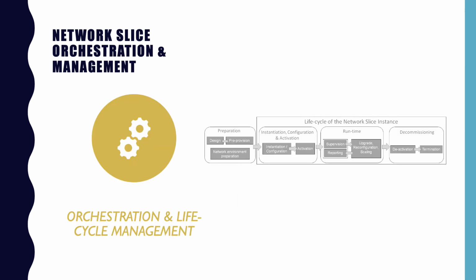Orchestration and life cycle management. Service management takes place in the service provider's domain, while the management of network slices is performed in the network operator's domain. Such a partition requires a business-to-business interface, the SLA.